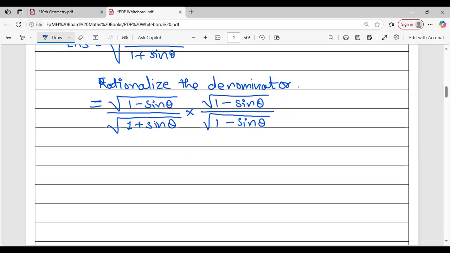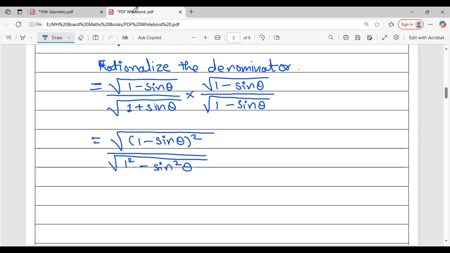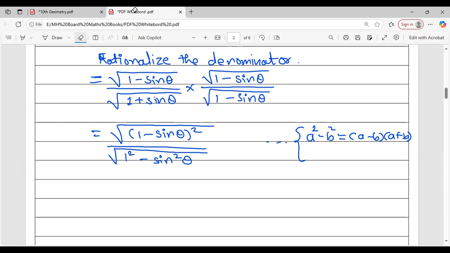Now it comes square root of 1 minus sine theta whole squared, divided by square root of 1 square minus sine square theta, because a square minus b square is a minus b into a plus b. Got it? We have used the identity.